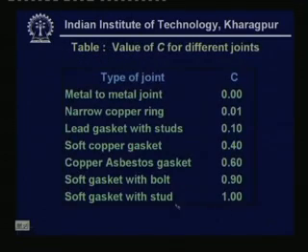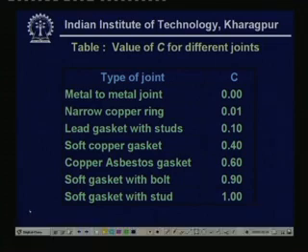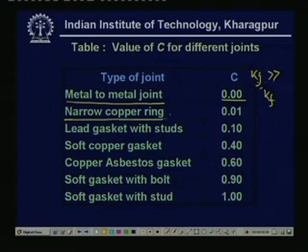Now we are going to see some of the values of C. For a metal to metal joint, the joint becomes very stiff, and the stiffness Kj becomes very high compared to Kf, and therefore C almost becomes 0. For a narrow copper ring, we have 0.01.